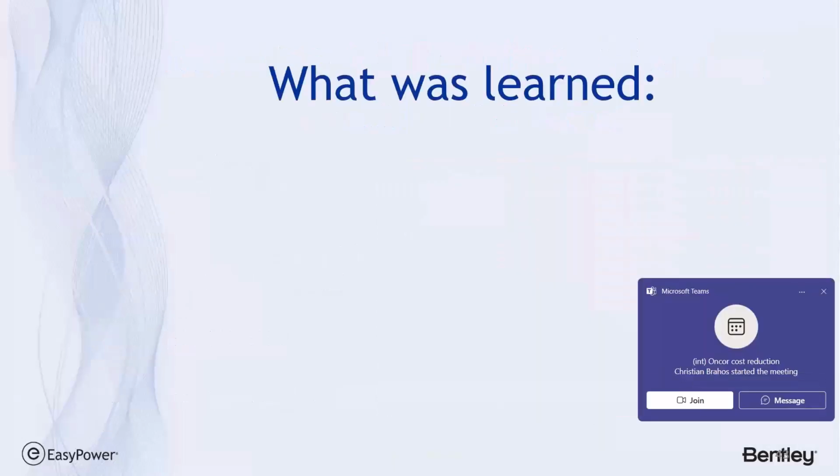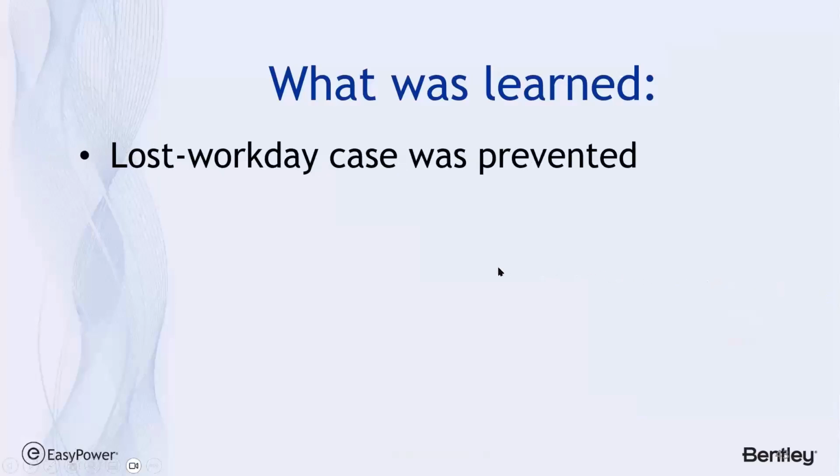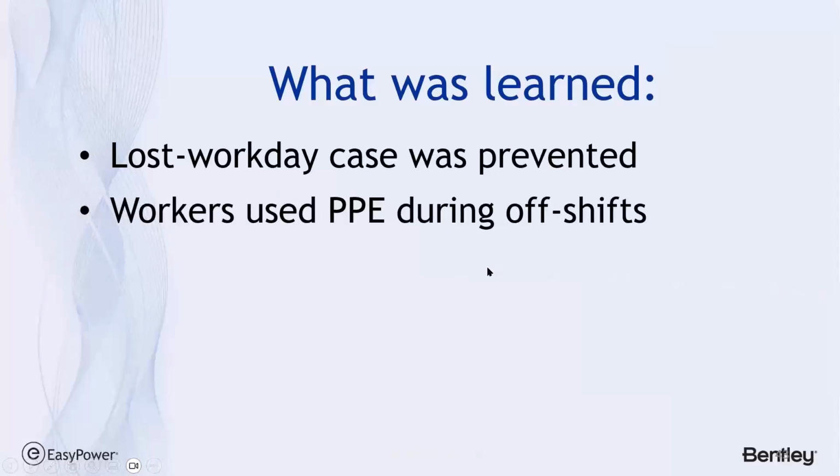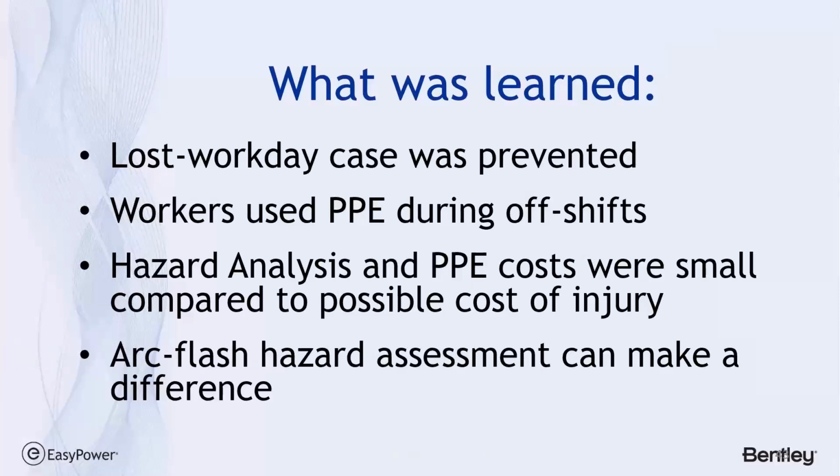So the point to be made is a lost workday was prevented. Workers using PPE during off shifts could be improved. The hazard analysis and PPE costs were small compared to the possibility of injury. An arc flash hazard assessment can make a difference.